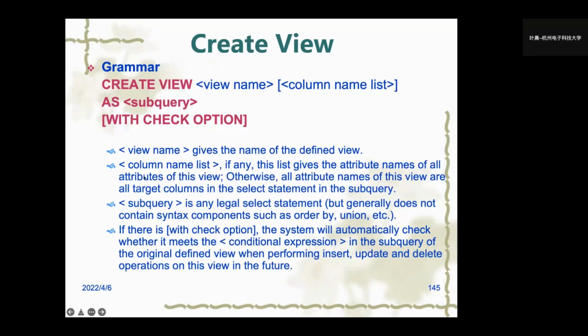So if you write the with check option during the definition of the view, afterwards, if you want to insert, delete, or update some tuples, it will check if the tuple meets the condition expression in this subquery.